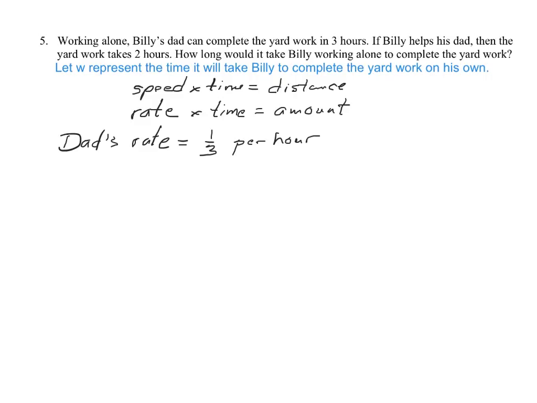Then when we think about Billy's rate, we don't know how much time it takes him to do the job by himself, but we've represented that with W. So the fraction he can complete in an hour is 1/W. So here, take a moment to think about it. His dad took 3 hours, so it was 1/3 of the job, so 1 out of 3 parts in 1 hour. For Billy, if it's going to take him W hours, then 1 over W per hour is the rate that he's going to be working at.